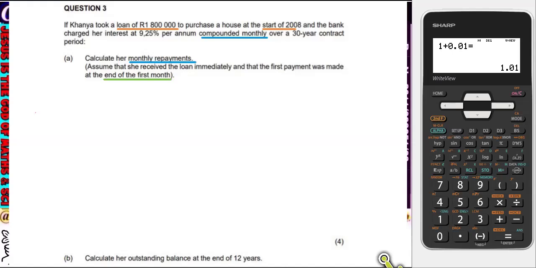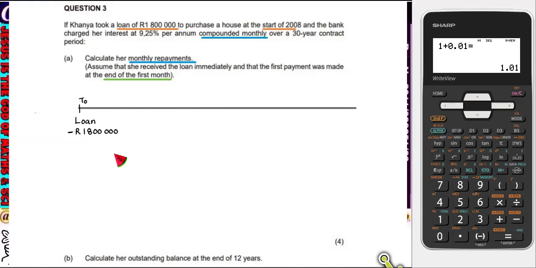Like I said, I can just apply the formula one time, but it tricks people. I want you to get used to this. This will make you not go wrong. So we're going to write T subscript 0, and here at the beginning, that's where the loan was given to him. So that money of 1.8 million, yesterday I said this is not his money, he took it, and I made it a minus there.